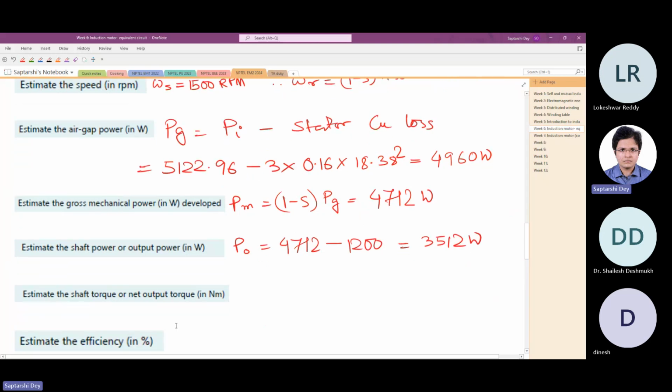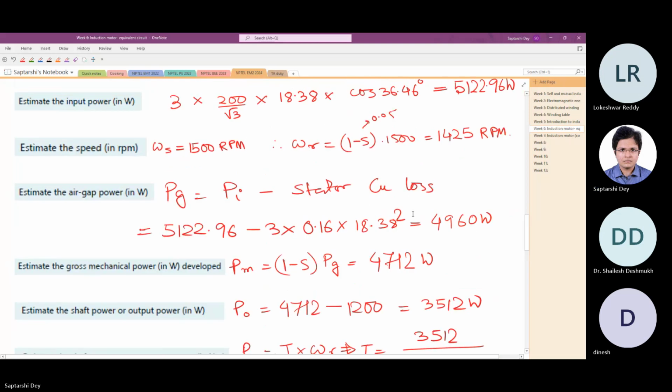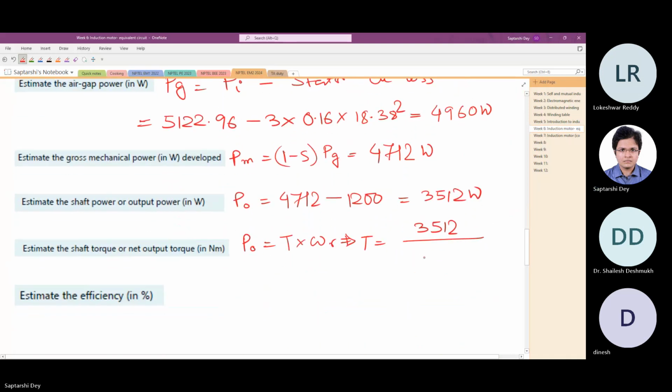And shaft torque. So power is the torque times speed. So shaft torque is power 3512 by speed, we have found out 1425 rpm.